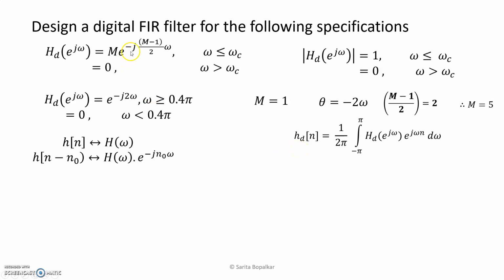Due to that, if our HD of omega is represented in a complex form, you will already get hd of n shifted by (m minus 1)/2 due to the time shifting property of the Fourier transform. That's why in the next step, you have to skip the step of adding the shift. You can directly multiply by the window function when you are using the complex form in the Fourier transform.